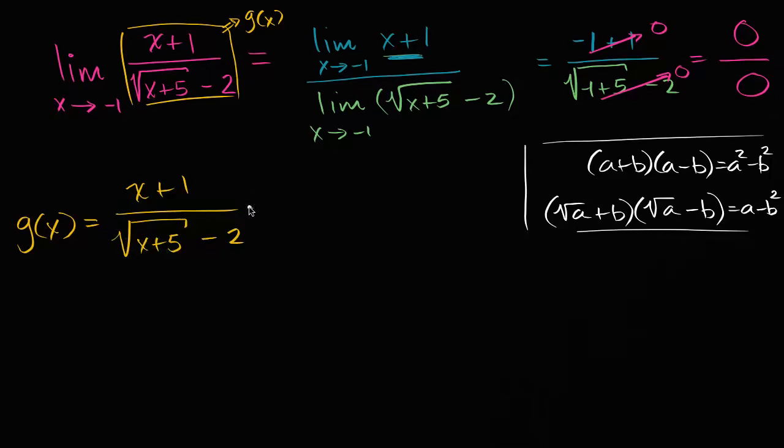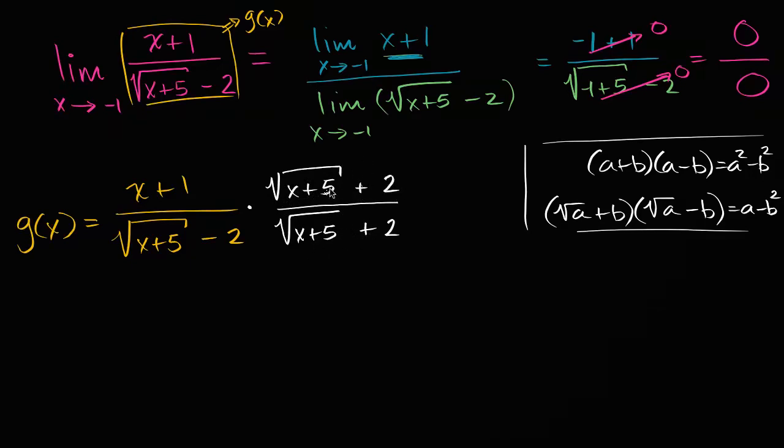The way we're going to do it is we're going to multiply the numerator and the denominator by the square root of x plus 5 plus 2, right? We have the minus 2, so we're going to multiply it times the plus 2. So let's do that. We have square root of x plus 5 plus 2, and we're going to multiply the numerator times the same thing, because we don't want to change the value of the expression. This is 1. If we take the expression divided by the same expression, it's going to be 1.